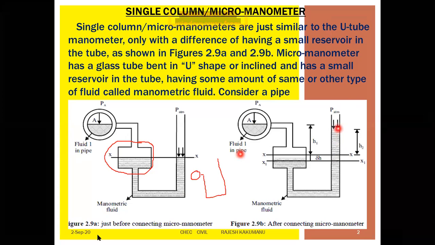Then you can see the height difference. Initially it is h, and the change from the datum line is h1 and h2. Thereby the atmospheric pressure is inside the manometer, but here you have the pressure inside the fluid only.